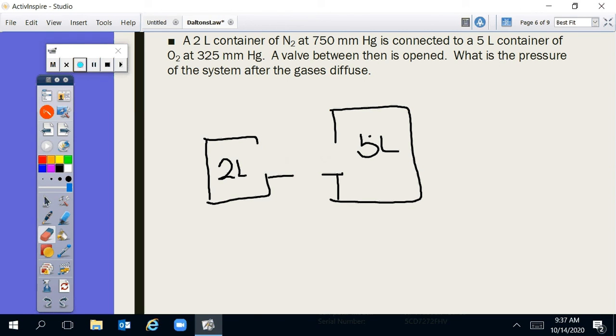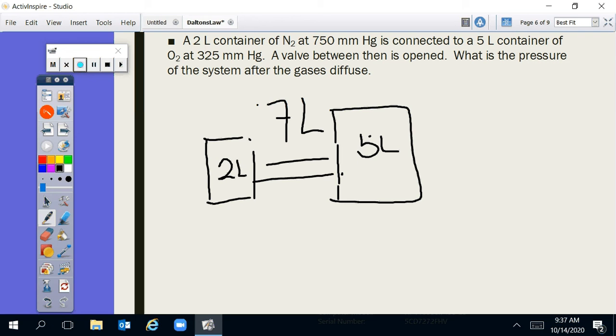What we have to assume then is that now we have a total volume of 7 liters where the gases are going to expand.